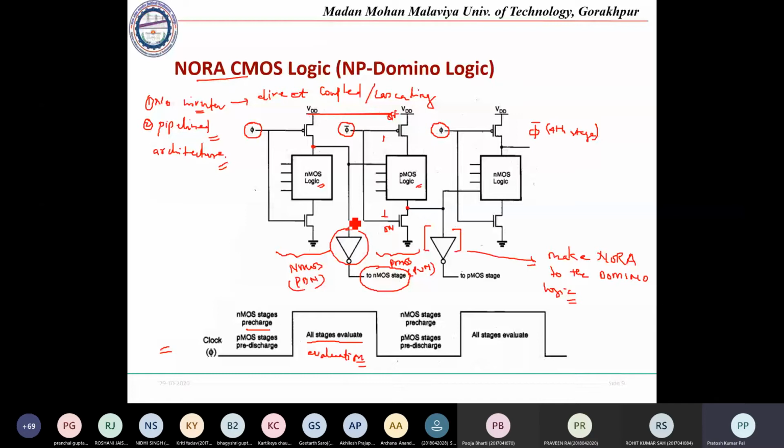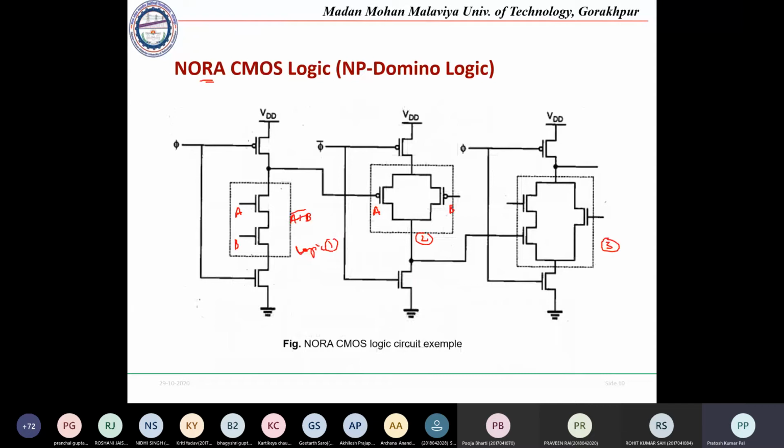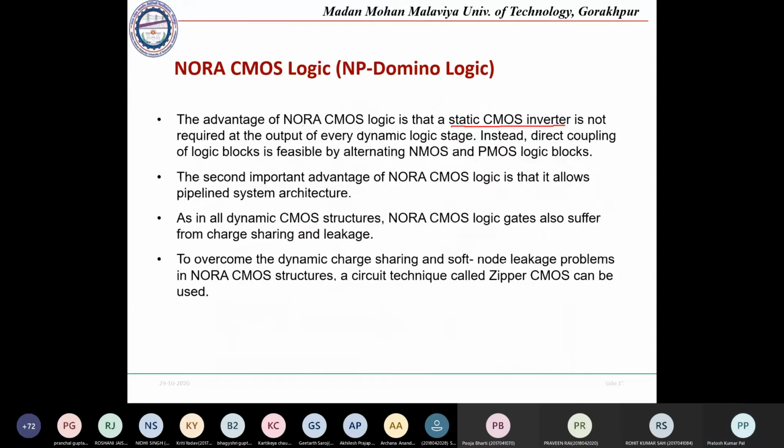That steady state value will be the output, and that is what we focus on here. We will not focus on the intermediate switching voltages or switching node voltages, only the steady state value. Whatever the steady state value of this inverter is will be used in the operation of the circuit. That's why it is called a static inverter.